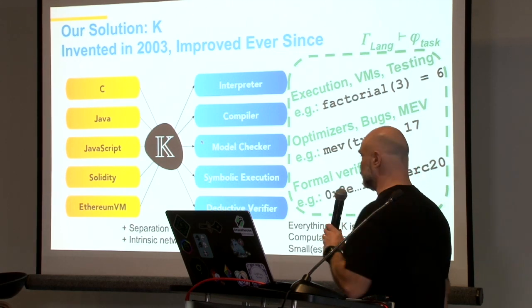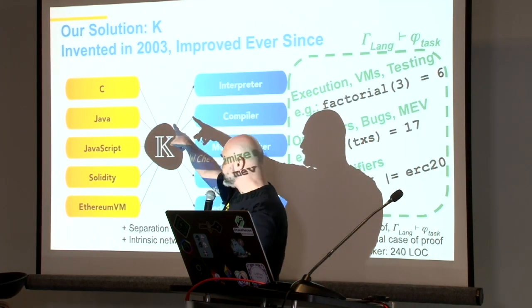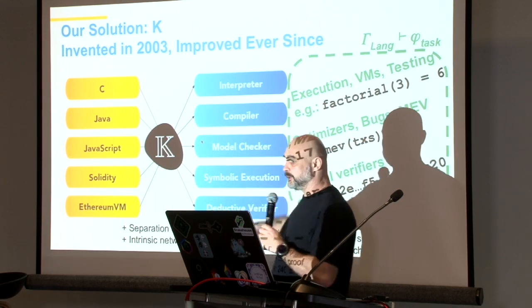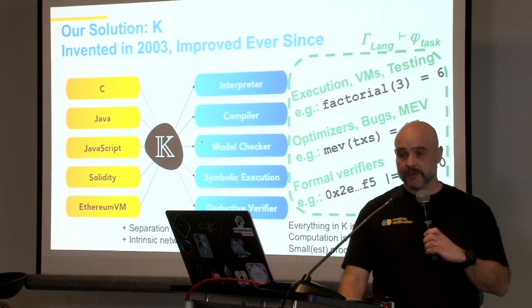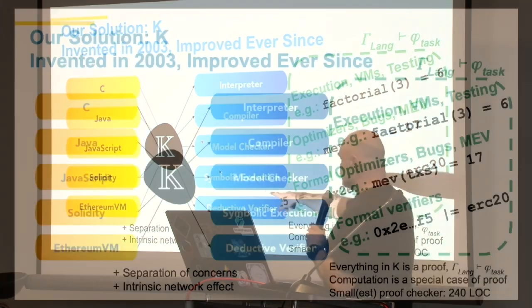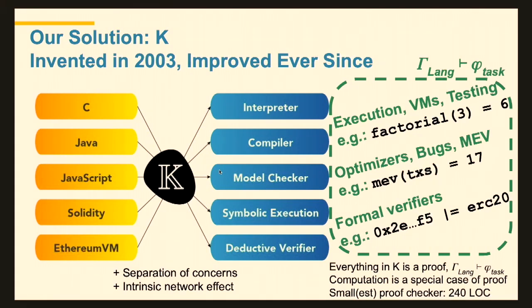So if you want a symbolic execution engine for C, take the semantics of C, plug it into the symbolic execution, and you got a symbolic execution engine for C. If you want a program verifier for EVM, take EVM, plug it, get the deductive verifier. So that's for developers. So now you don't have to maintain n times m arrows, but only n plus m, and completely separate and independent from each other.